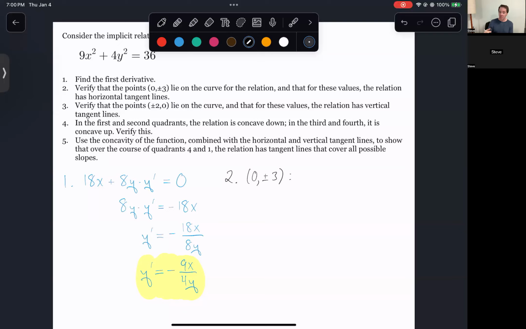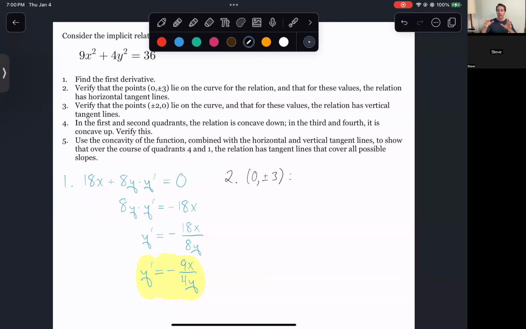Ordinarily, we would need to test the 3 and the negative 3 separately. But in this case, we luck out because the y is squared, and so we'll have the same result. That means that we can just plug in plus or minus 3 at the same time, and we'll verify both. So we'll set x equal to 0 and y equal to plus or minus 3.